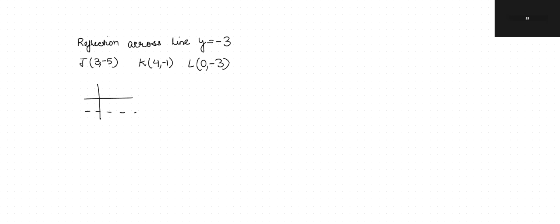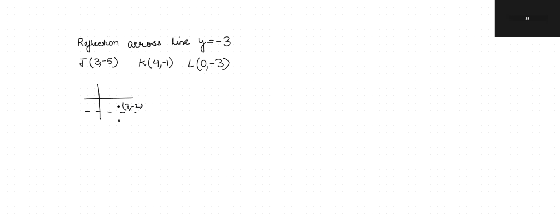So suppose there is a point here with 3 and -2. So 3 remains constant and it will be reflected to this side. So we don't have to worry about x. X remains the same.